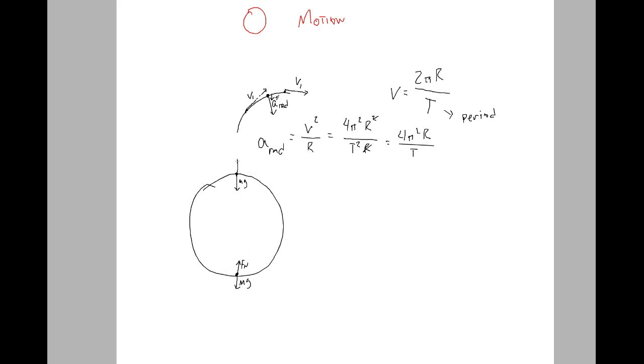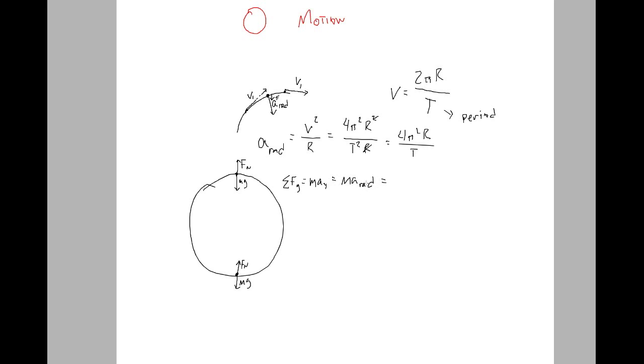So up top, up here, my net acceleration is directed down. So in other words, the net force in the y direction, because we're dealing with straight up or straight down, equals, again, my mass times acceleration. Well, in that case, it's my mass times my radial acceleration.